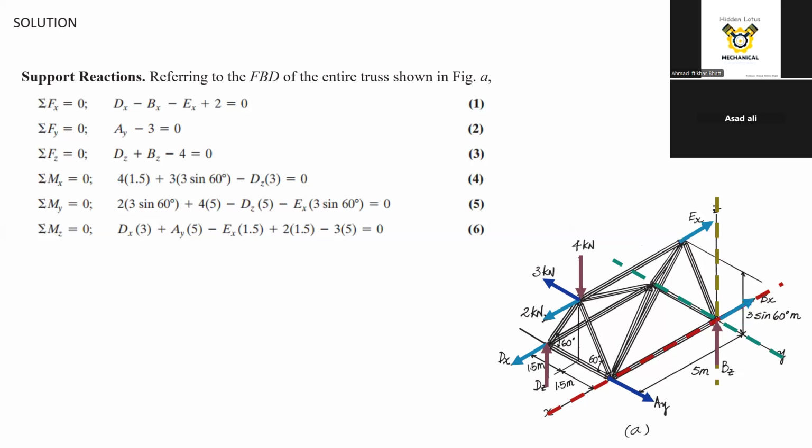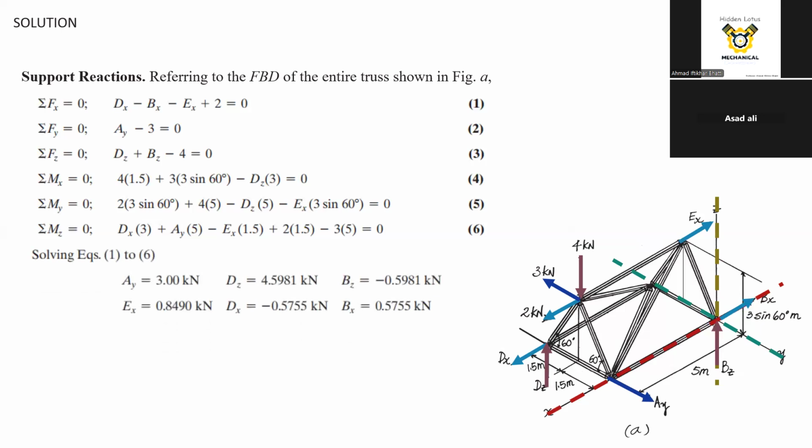While we have also this horizontal force at link E, which has a perpendicular distance of 1.5 meters. And we have this 2 kilonewton force, which has a perpendicular distance of 1.5 meters from the z-axis, and this negative 3 kilonewton force because it is moving in the clockwise direction. It has a perpendicular distance of 5 meters. So when we solve all these equations, we get our support reactions.